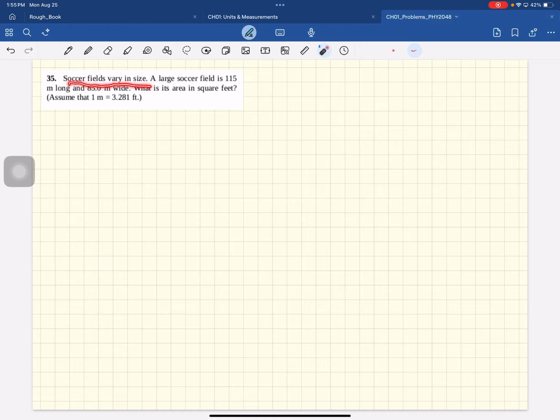Soccer fields vary in size. A large soccer field is 115 meters by 85 meters wide. What is the area in square feet? And 1 meter is that many.